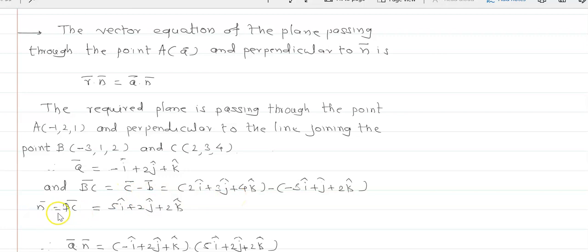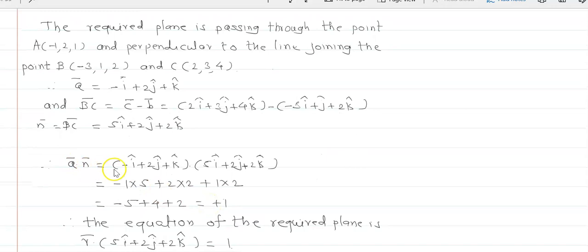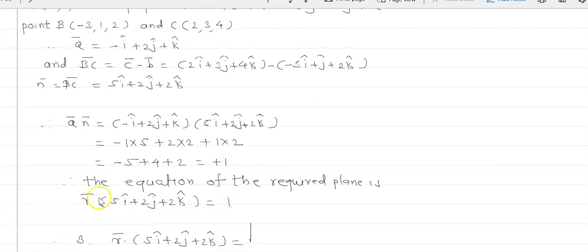Therefore, n bar is equal to 5i plus 2j plus 2k. Therefore, A bar dot n bar: its value is (minus i plus 2j plus k) dot (5i plus 2j plus 2k). If you take the product, you will get 1. The equation of the required plane is r bar dot (5i plus 2j plus 2k) is equal to 1. Hence, option 3 is the correct one.